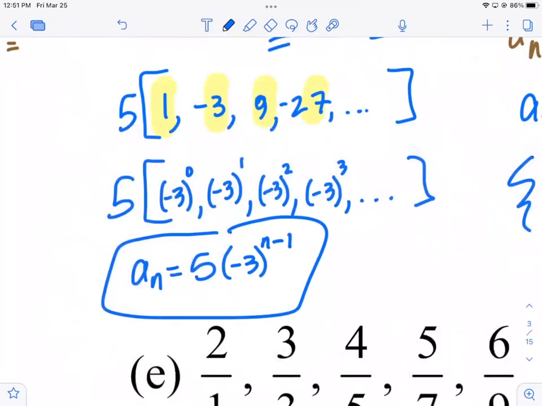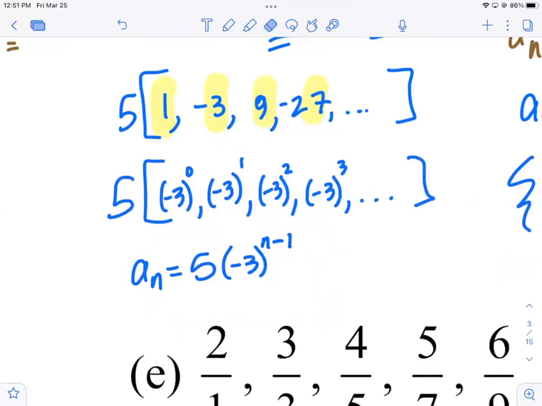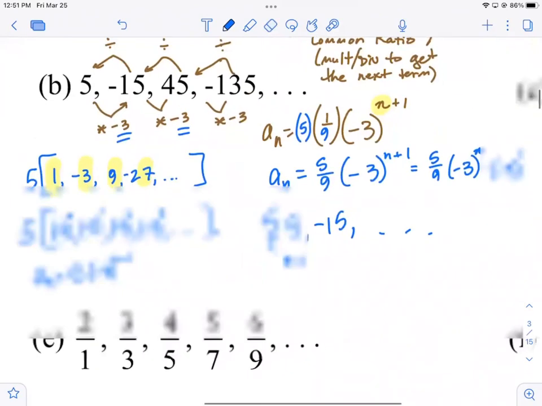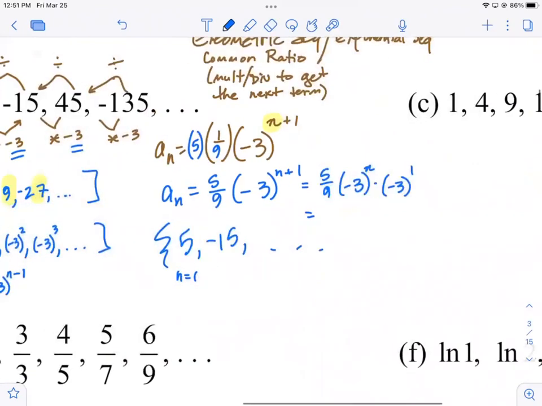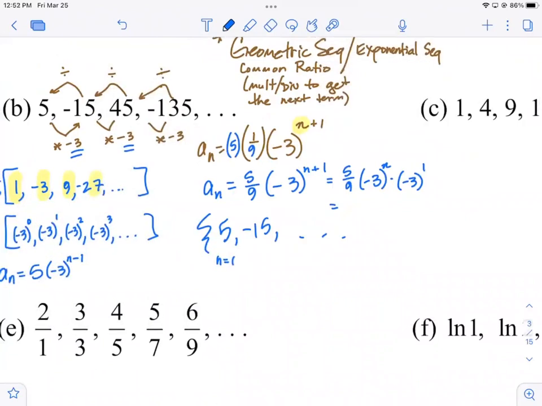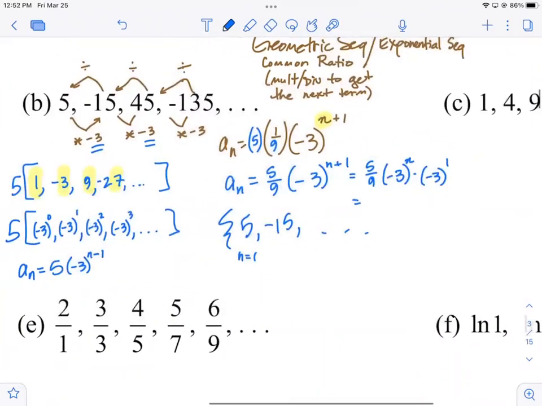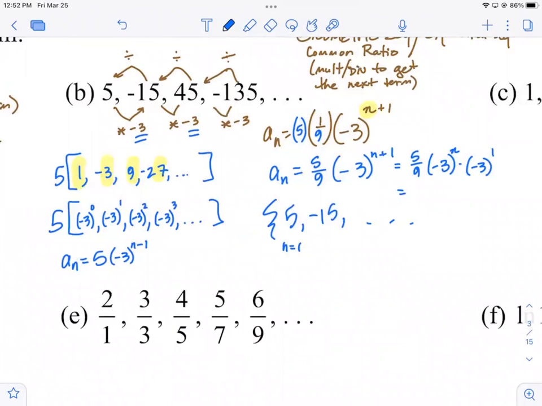Oh, hey, did we get the sign right? I didn't check the sign over here, did I? If I plug in a 1, I get 0, 1. If I plug in a 2, oh, that works. Yeah, if I do this over here, -3, the first is -3. One of these is off. One of these is off.